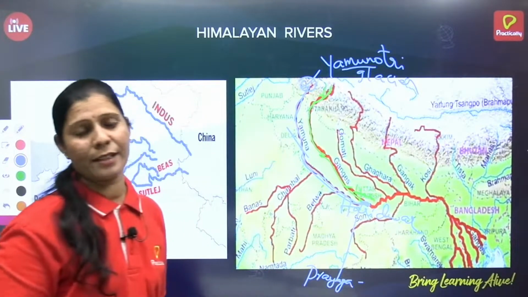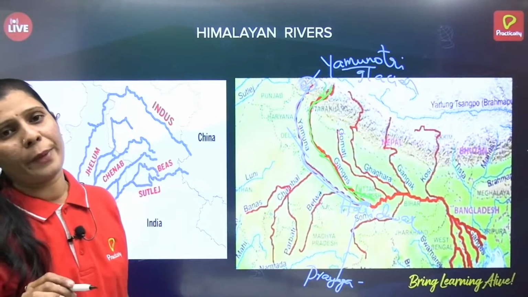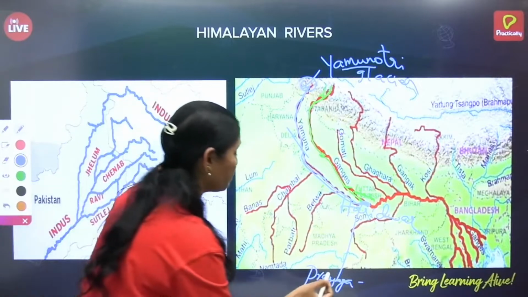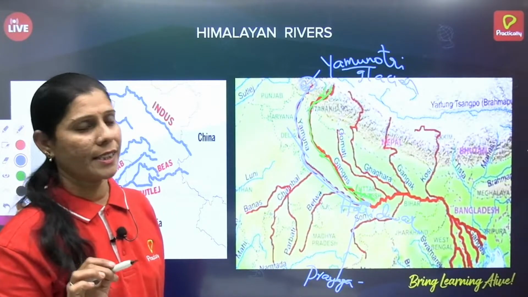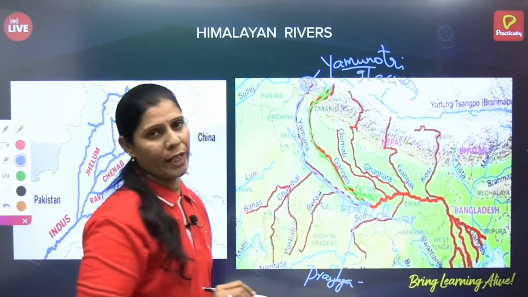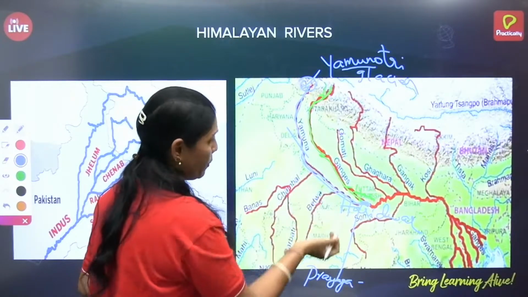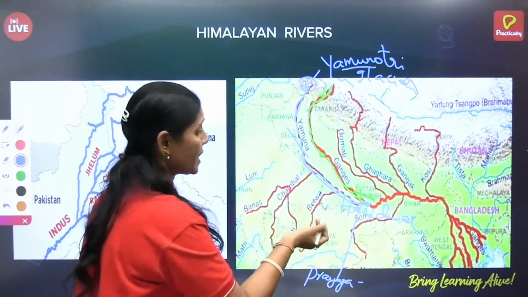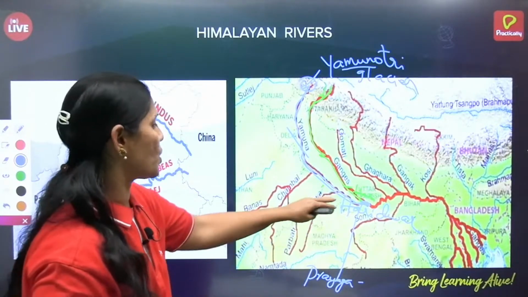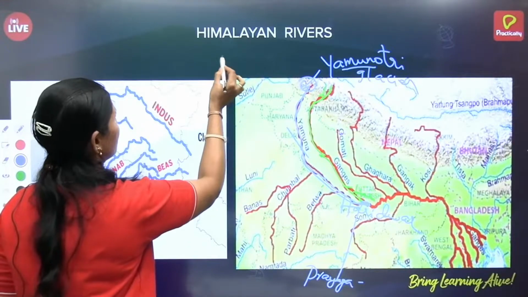Every 12 years the Kumbh Mela is held at this place, called Prayaga and Triveni Sangamam. Triveni means three rivers joining at this land. You may get a question about the third river which joins at this place. That third river is Saraswati.